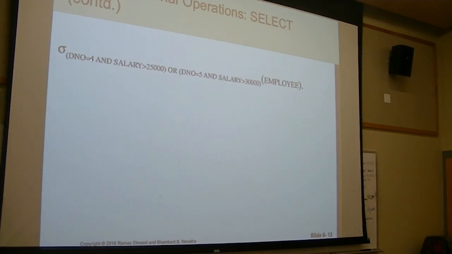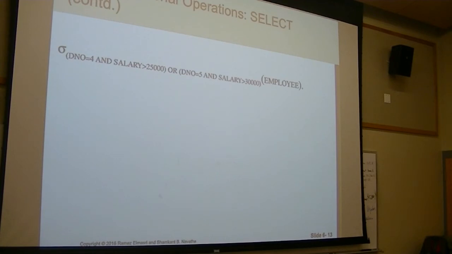From department number 4, DNO number 4, whose salary is higher than 25K. Or the employee in department number 5, whose salary is 30, will be returned. That's the meaning of this selection.